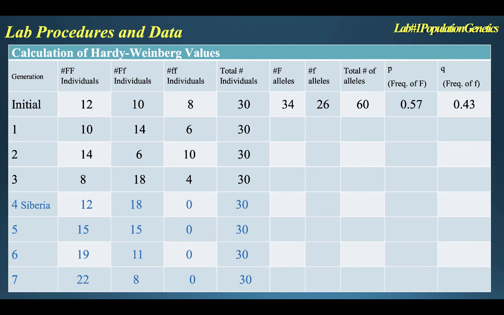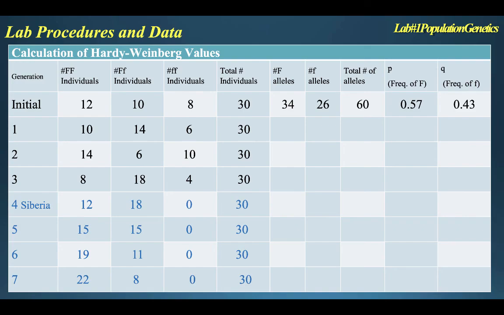So essentially what you're going to do here, everyone, is fill in the number of dominant alleles, the total number of alleles, the frequency of P and the frequency of Q, and then you're going to answer some questions. For instance, you have questions for generations 1 through 3, which basically ask: do the frequencies of P and Q change significantly during the time?